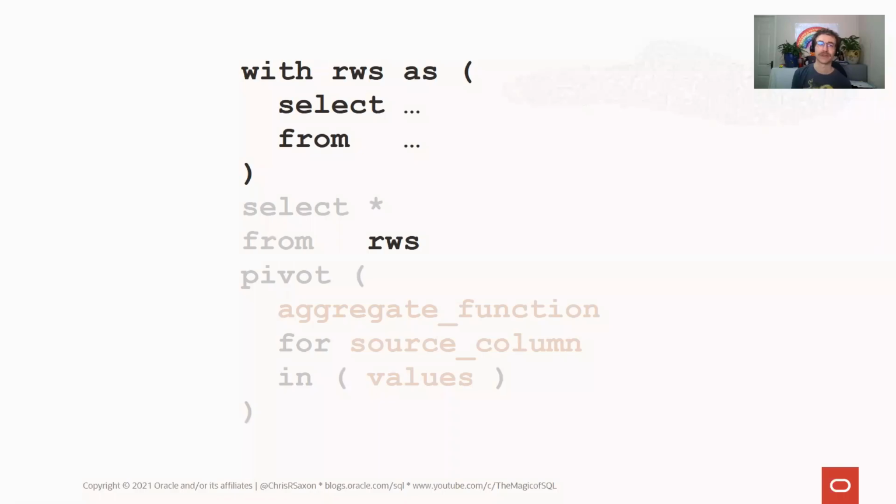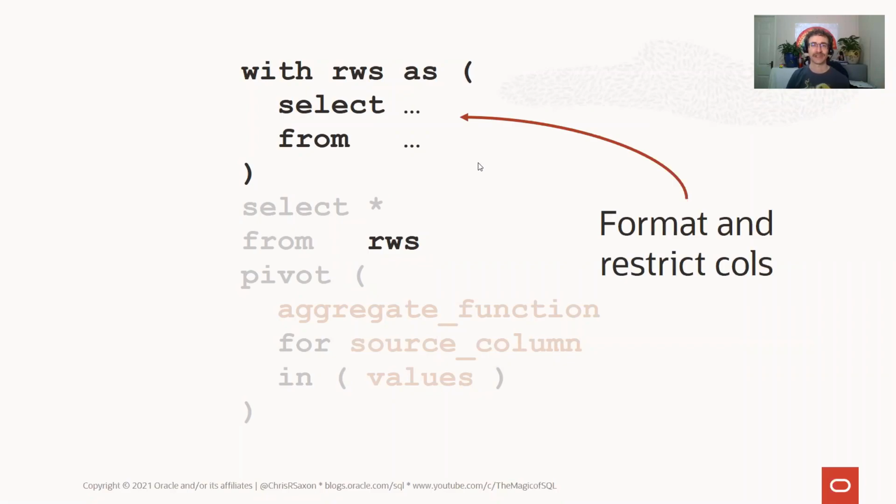So what I really like to do is use the with clause, call it rows, call it whatever you want, and select the columns that you need for the pivot clause, any others that you want in your output, and do any formatting of them. So we'll do the kind of restriction of the data set here.